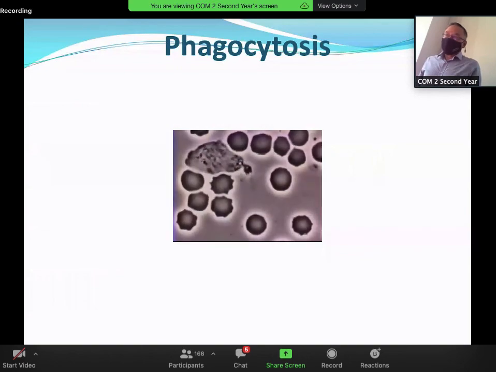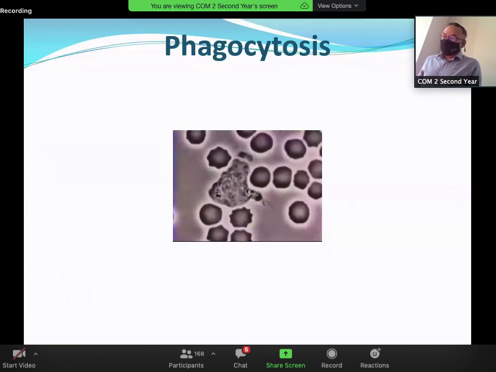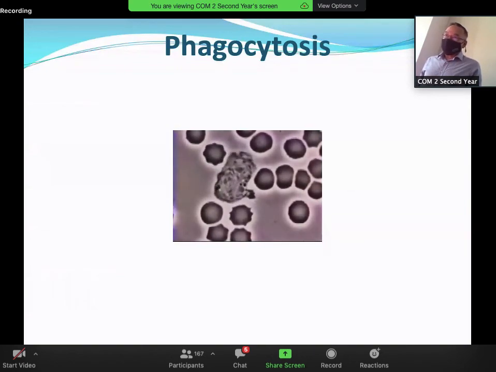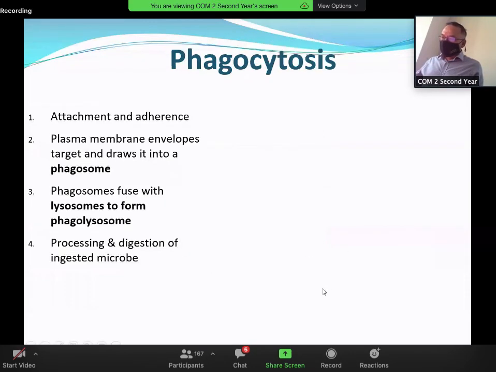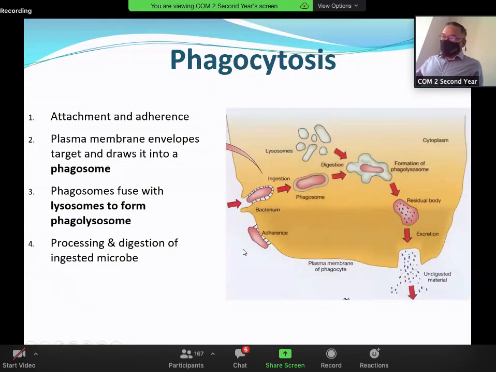And then engulfing it. This is the process of phagocytosis. Now, if we break down the sequence of events that you see there, we can see there are different steps. In the first, the macrophage or the neutrophil has to identify that bacterial cell as being a target to phagocytose.